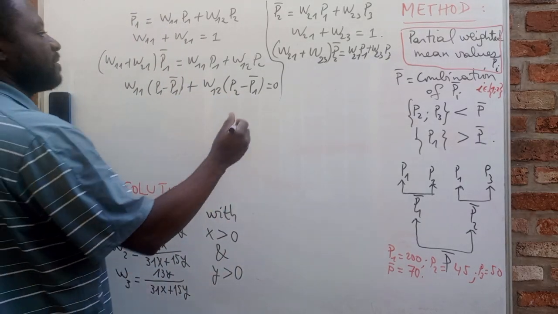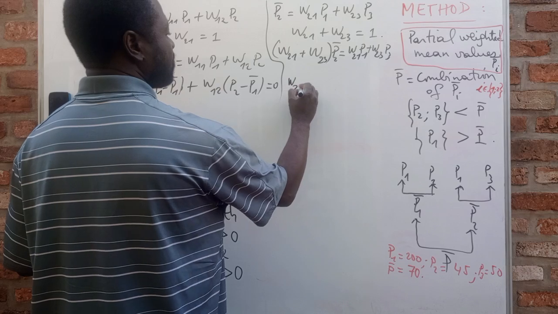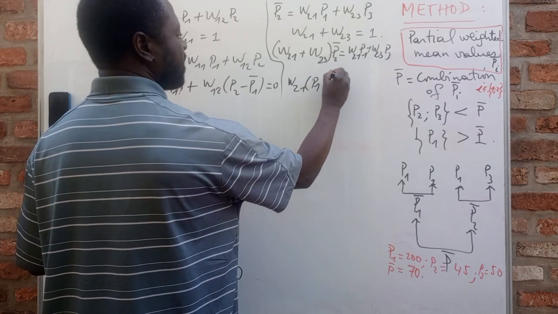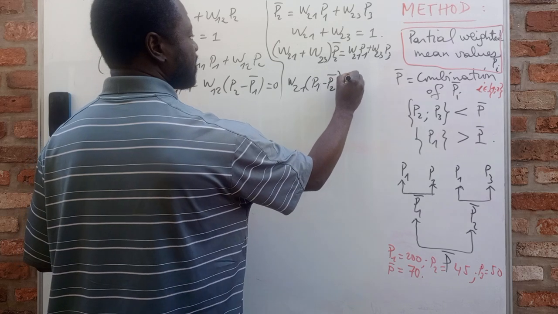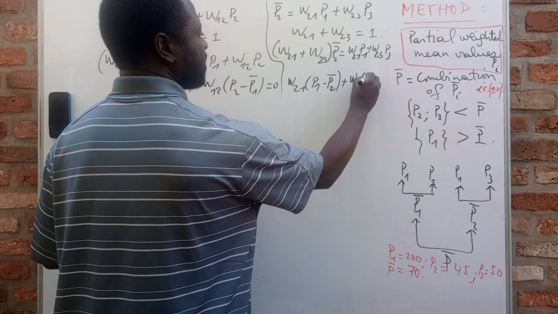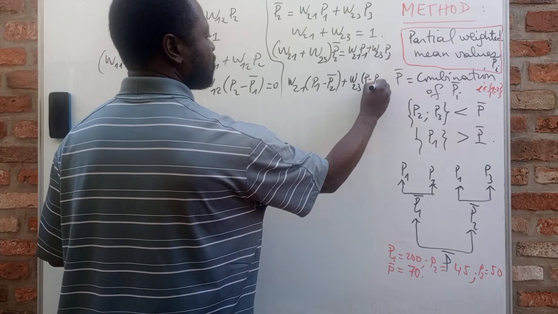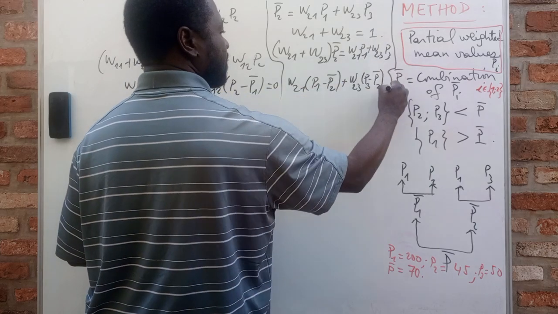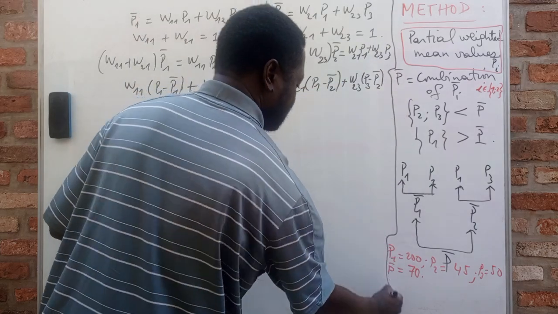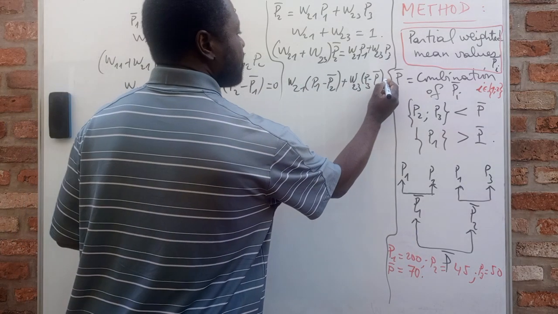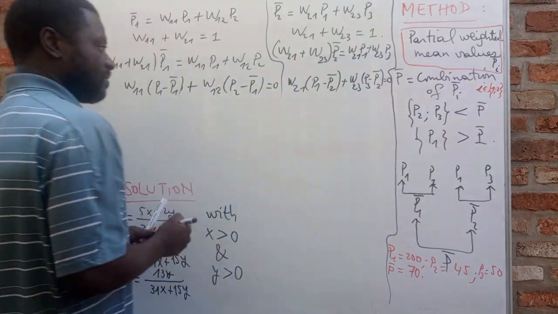Now also in the same way, omega 2 1 factor of P1 minus P2 bar plus omega 2 3 factor of P3 minus P2 bar. So now this must result in 0, must be equal to 0.